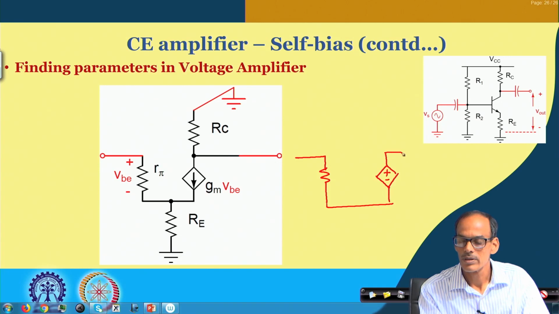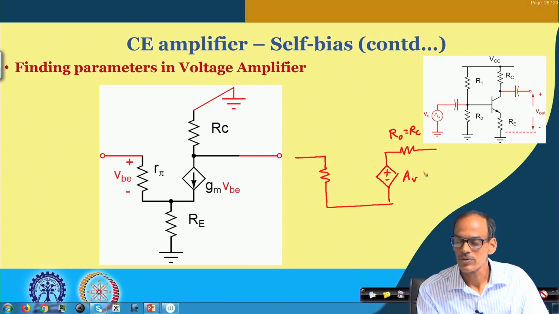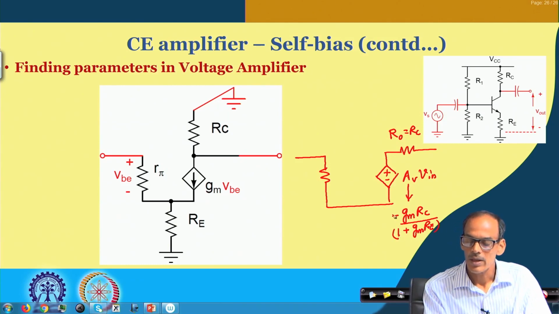The expression of Ro is Rc, and we have Av times Vin, where Av is Gm into Rc divided by 1 plus Gm into Re, with a minus sign.